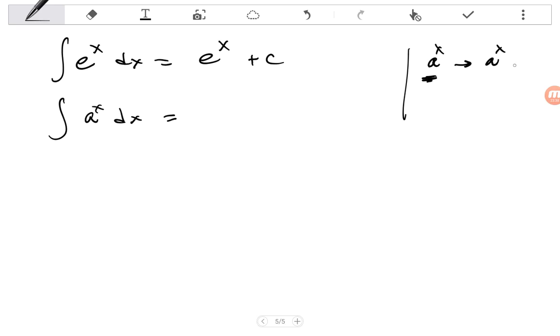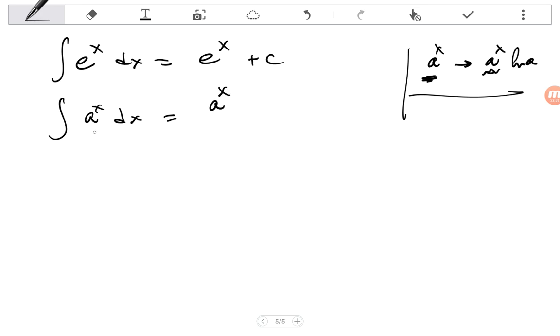We multiply by ln of the number that takes the place of e, that is, ln a. Also, we multiply by the derivative of the power, and that is another case.